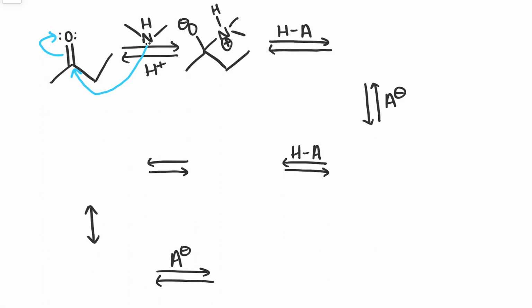Next, we are going to add an acid, which is going to protonate our oxygen. So oxygen gets protonated in that step, leaving us with an alcohol group.